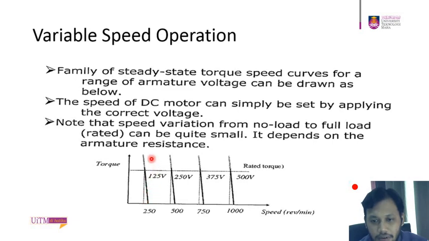For the first example, during no load, where the torque is 0, the speed is slightly higher than when you apply rated torque, or rated load, but not that obvious.